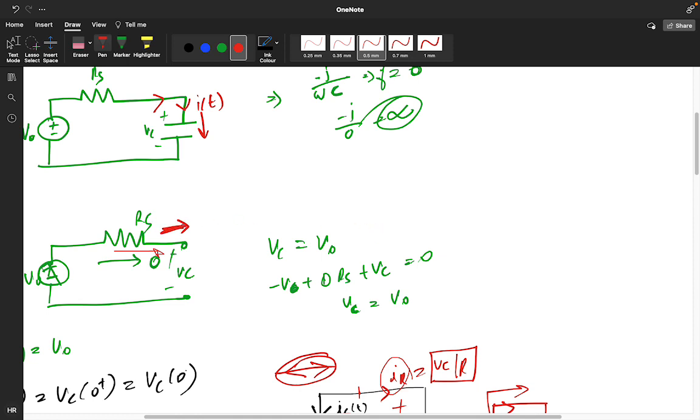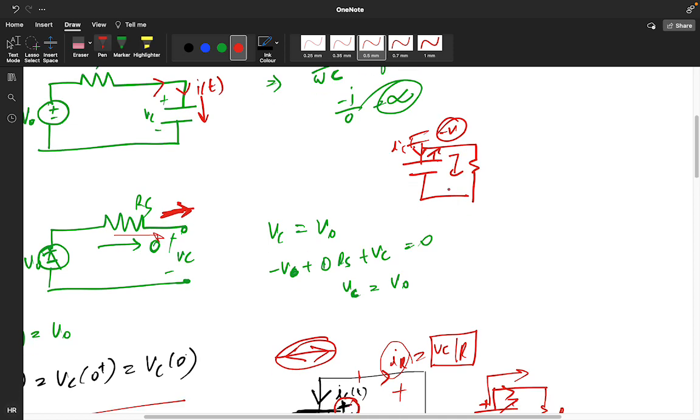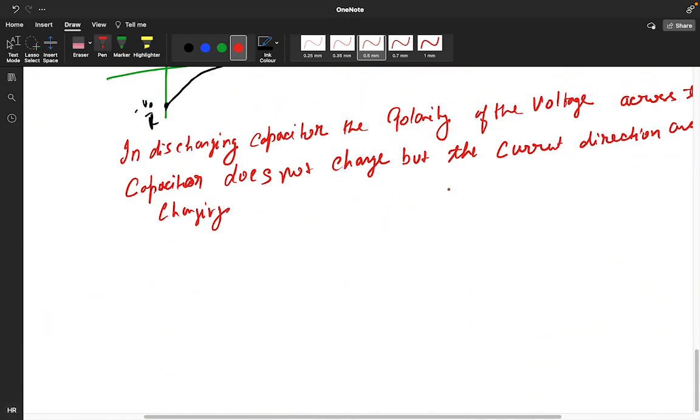Now when you make the circuit like this, earlier the current was coming like this, but this IC value, while deriving, we are getting as negative. If it is coming negative, it means the current gets reversed. That is the actual meaning. So that's what we had written.